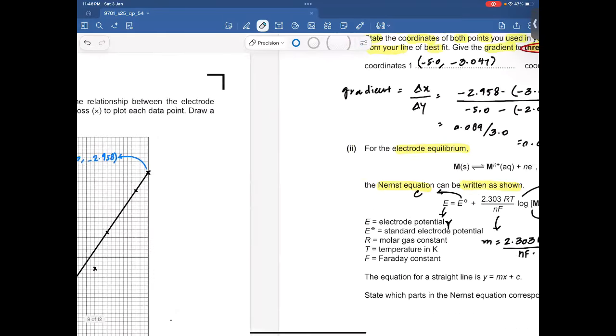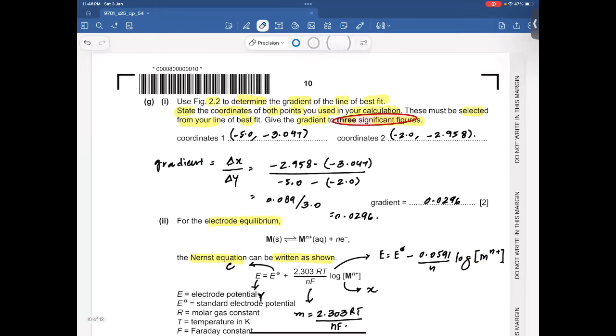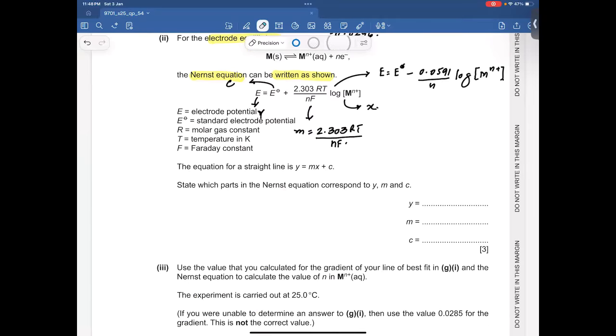So E has to be on the y-axis. So y is E, m is 2.303 RT upon nF, and c is E naught. Okay, I hope it makes sense to you.